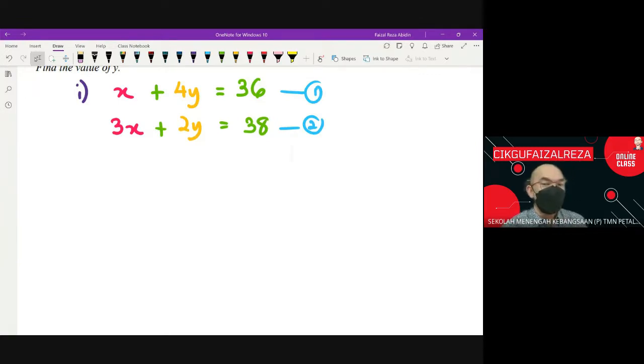It means that you are going to use the first linear equation and the variable x or y. We are going to use x.